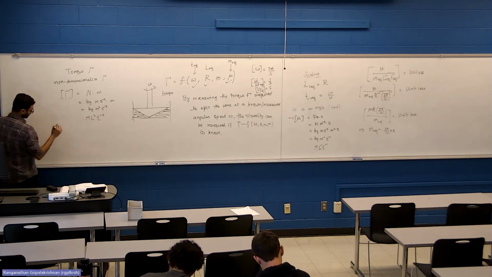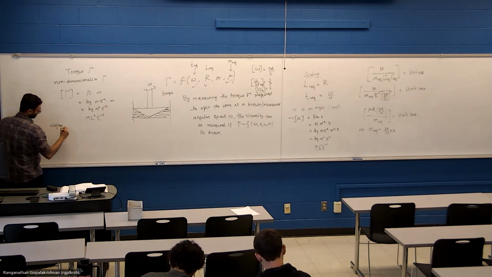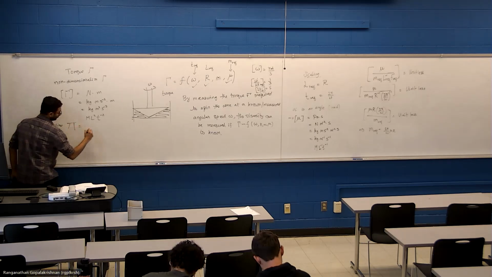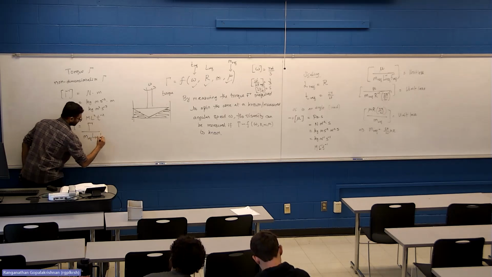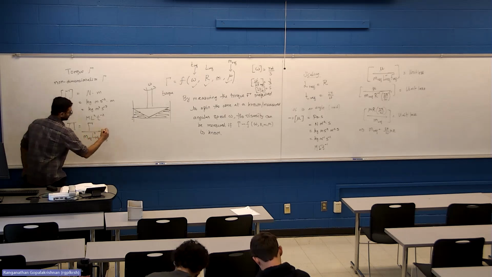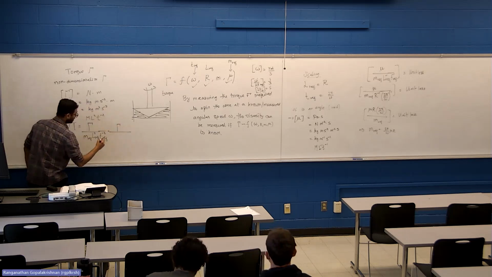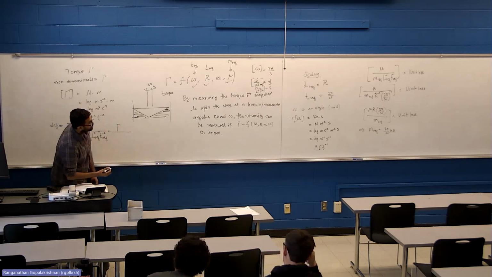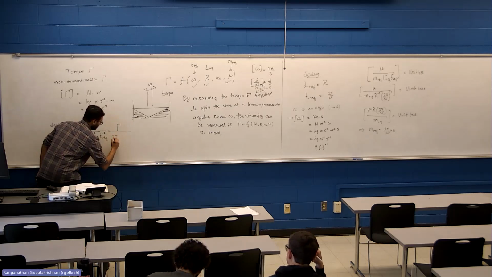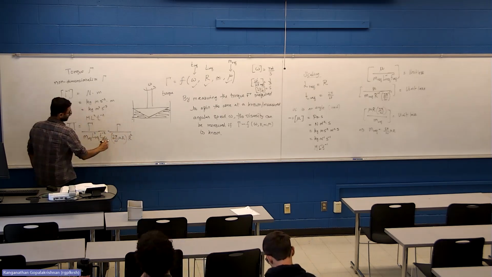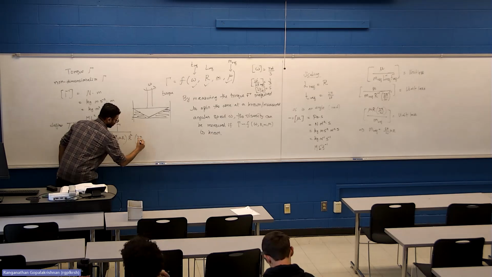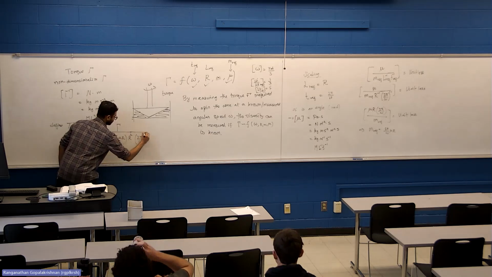Once you write it like this, define a quantity called pi, which is gamma divided by M reference, L reference squared, T reference to the minus 2. So this is gamma divided by, what is my reference mass? 2 pi over omega times mu R. L reference is r squared. T reference is 2 pi over omega to the minus 2.